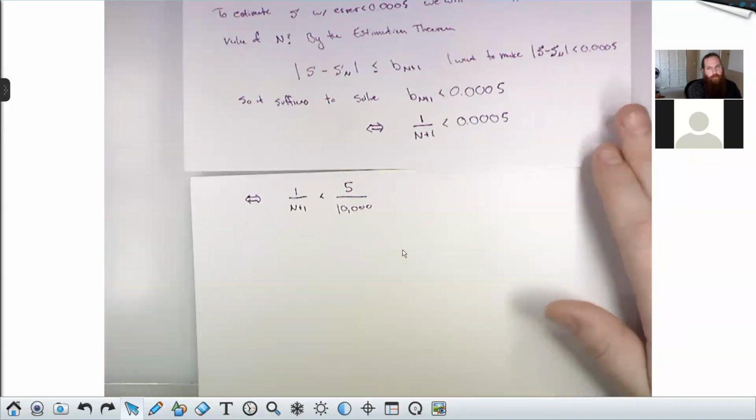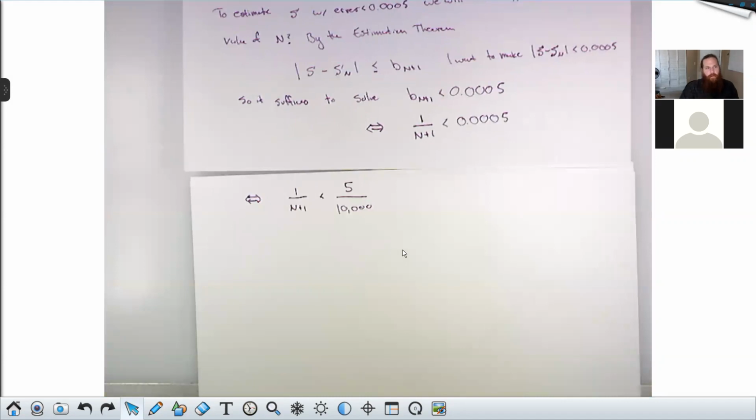Right, 0.0005 is 5 ten-thousandths, or 5 times 1 over 10,000, or 5 over 10,000. Just rewriting this decimal as a fraction. I can cancel the 5s. 10,000 divided by 5 is 2,000.